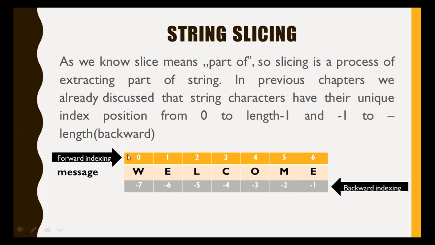Positive index you count from left to right, and negative index you count from right to left: minus 1, minus 2, minus 3, minus 4, minus 5. Similarly, it goes to the last in negative numbers. So these can be slices. Slice means from the whole string you can retrieve a particular part. That is called slice.